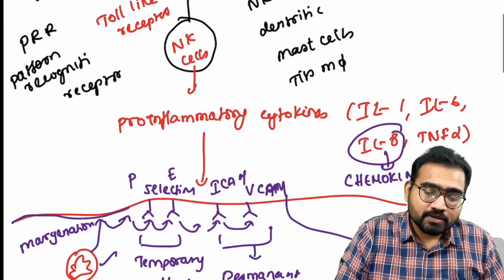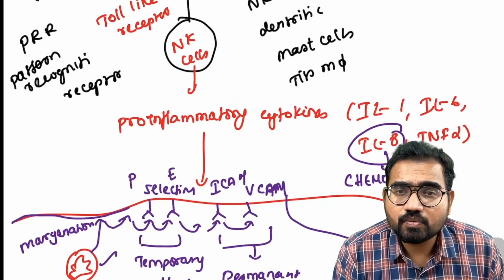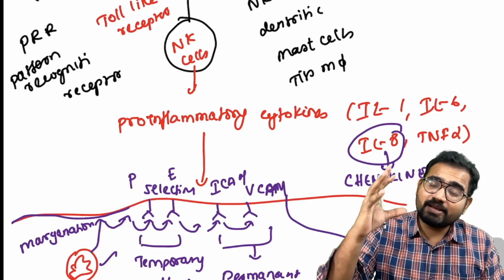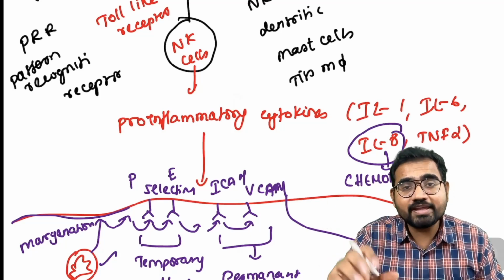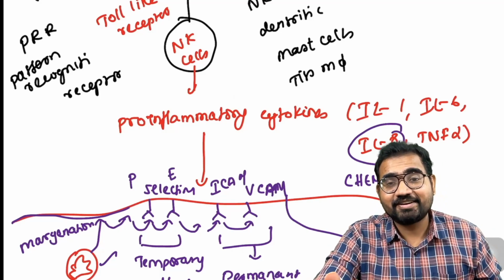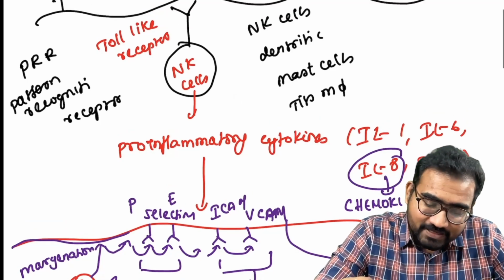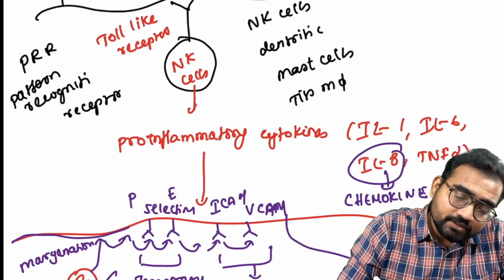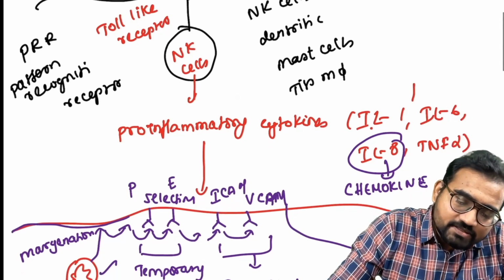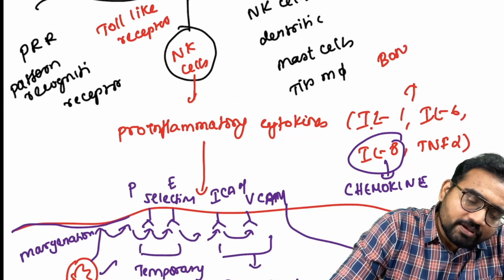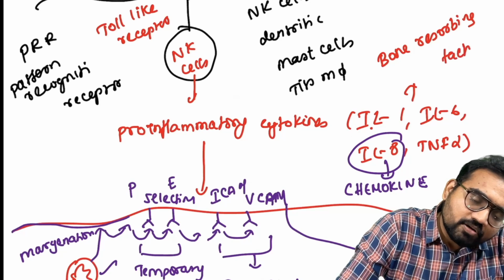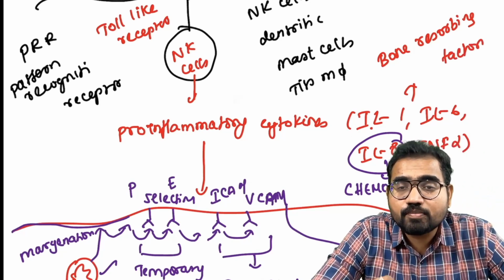Meanwhile, interleukin 1, 6, 8, and TNF alpha, apart from stimulating inflammation and doing a very good job, also do a few bad things. For example, interleukin 1, 6, and tumor necrosis factor alpha are called bone resorbing factors.